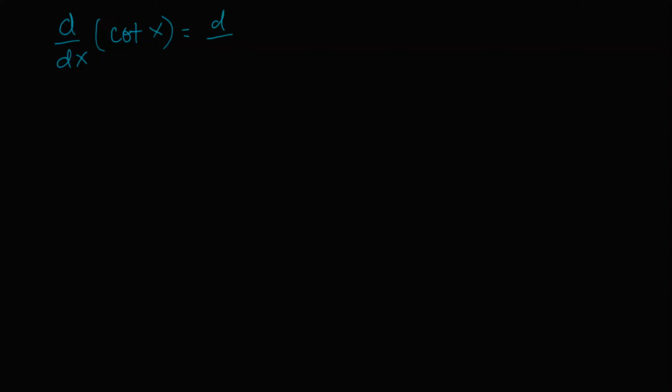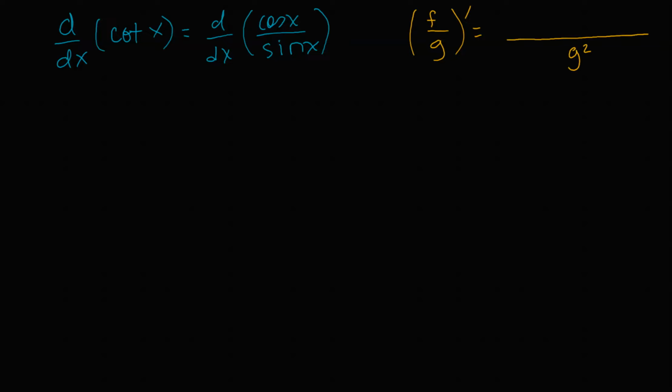So when you take the derivative of that, that is a quotient, right? That right there is the quotient. So the derivative of the quotient is, the denominator is going to be g squared. The numerator is going to be the first derivative times the second minus the second derivative times the first. So let's go ahead and apply that quotient rule.